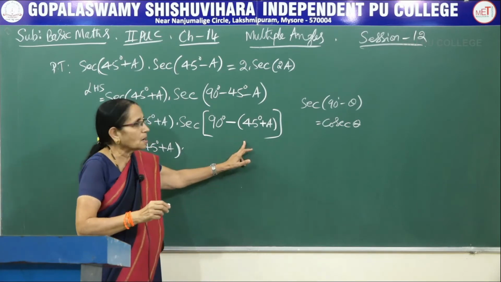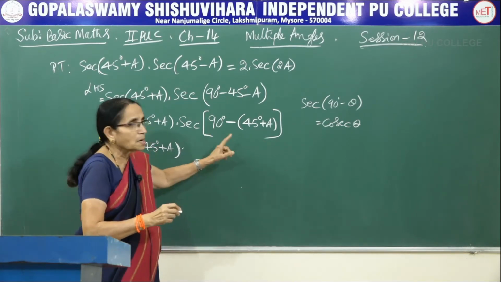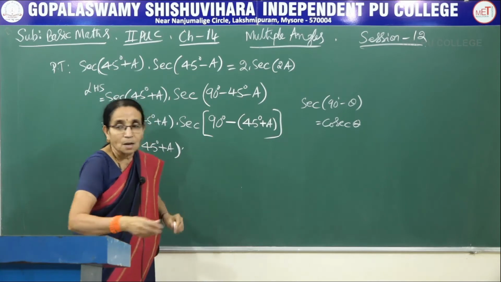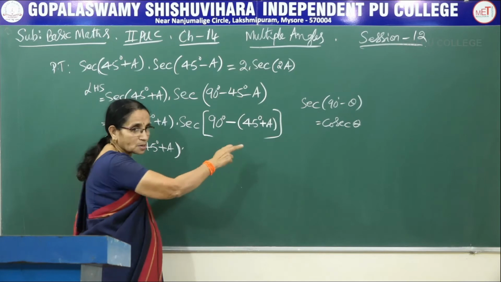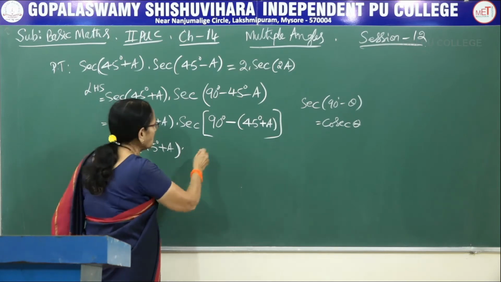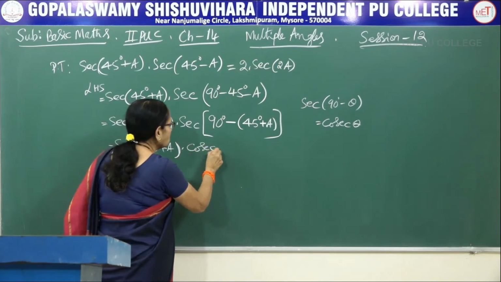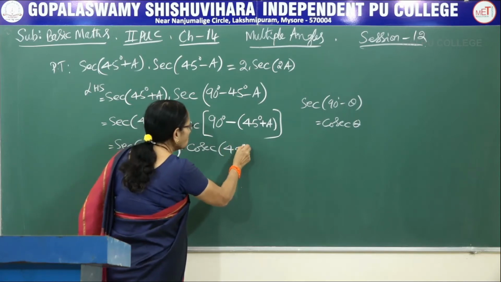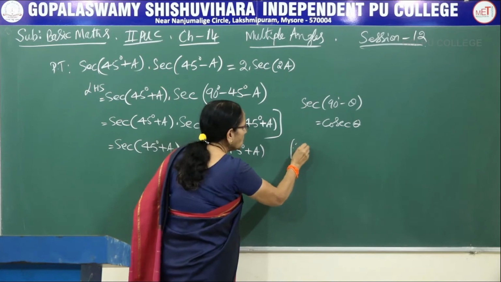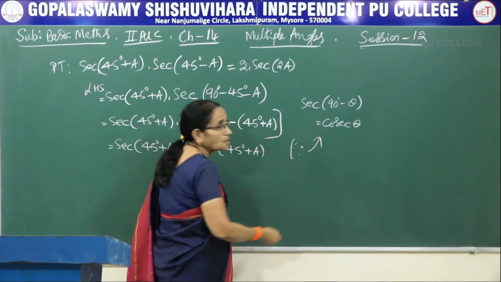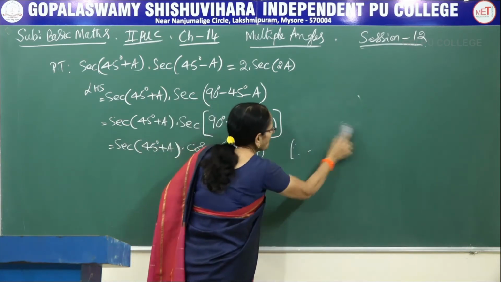Secant 90 minus theta is cosecant theta. Cosecant 90 minus theta is secant theta. So using that fact here, this 90 minus something, in the place of theta, I am having 45 plus a. So I can write it as cosecant of 45 plus a. Here in the working column, you give the reason, since this is the condition. That is how you have to present that one.